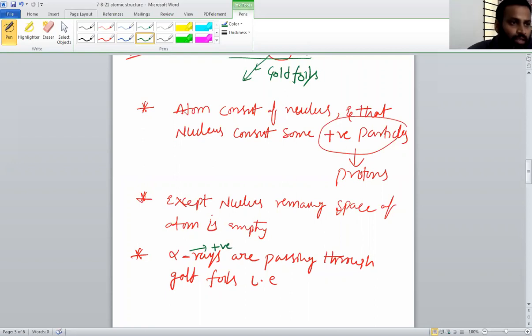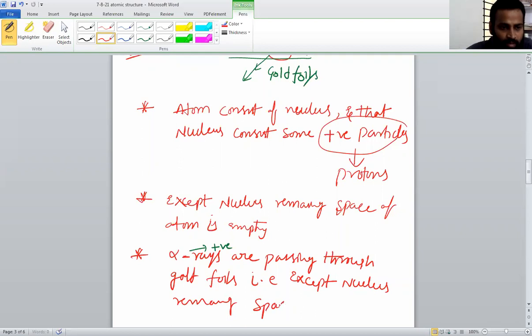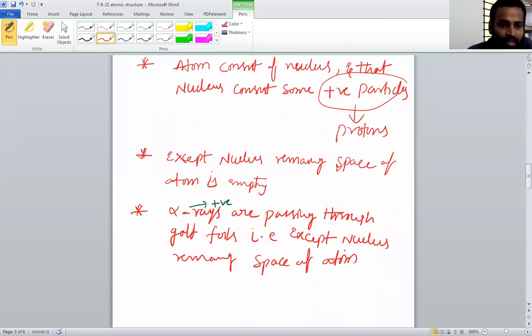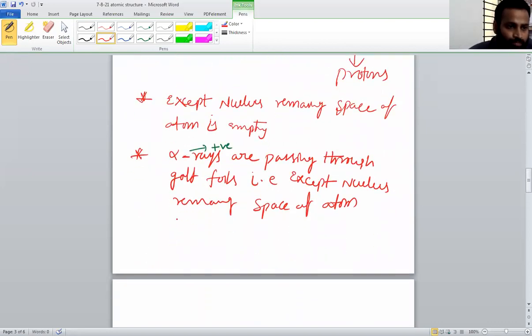So alpha rays passing through gold foil means, except the nucleus, the remaining space of the atom consists of what particles?